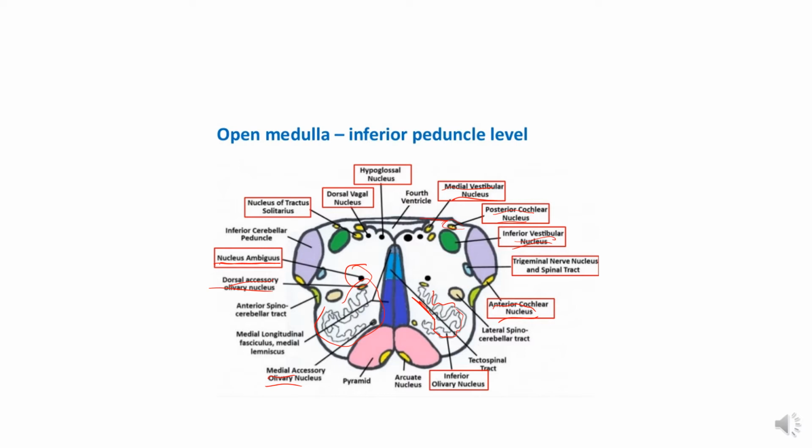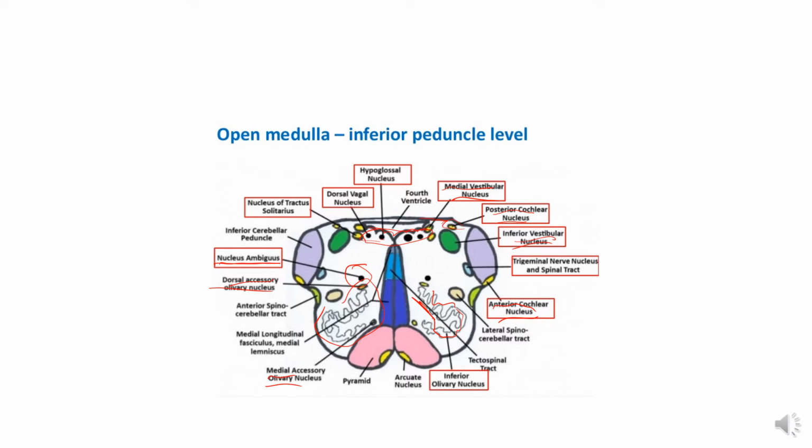Central gray matter lies beneath the floor of the fourth ventricle at this level. Passing from medial to lateral, the following important structures can be recognized: first of all, the hypoglossal nucleus, then the dorsal nucleus of vagus, nucleus of tractus solitarius, and medial and inferior vestibular nuclei.